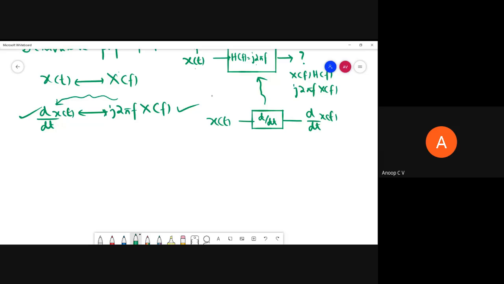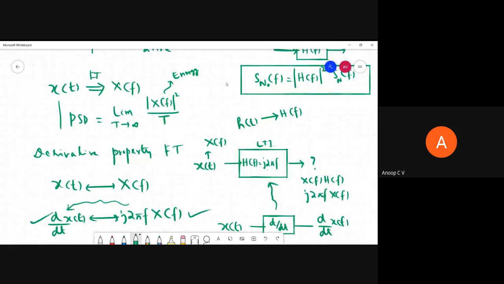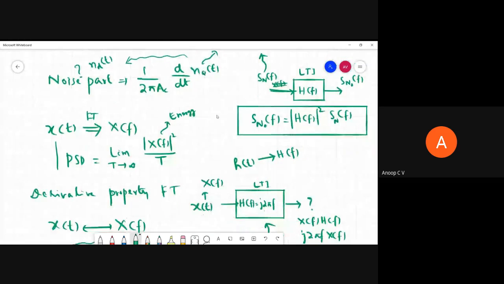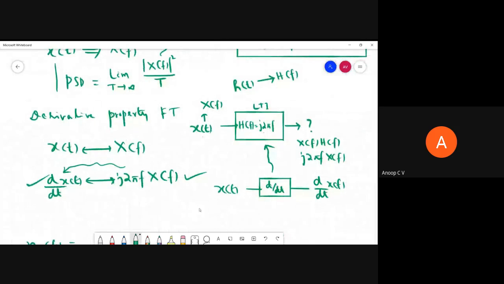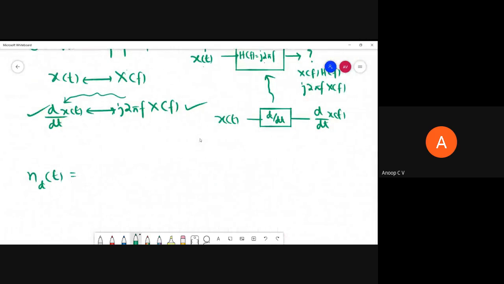So d by dt in the time domain is j 2 pi f in the frequency domain. Now we'll come back to our nd of t. It is equal to 1 by 2 pi ac times d by dt of nq of t.